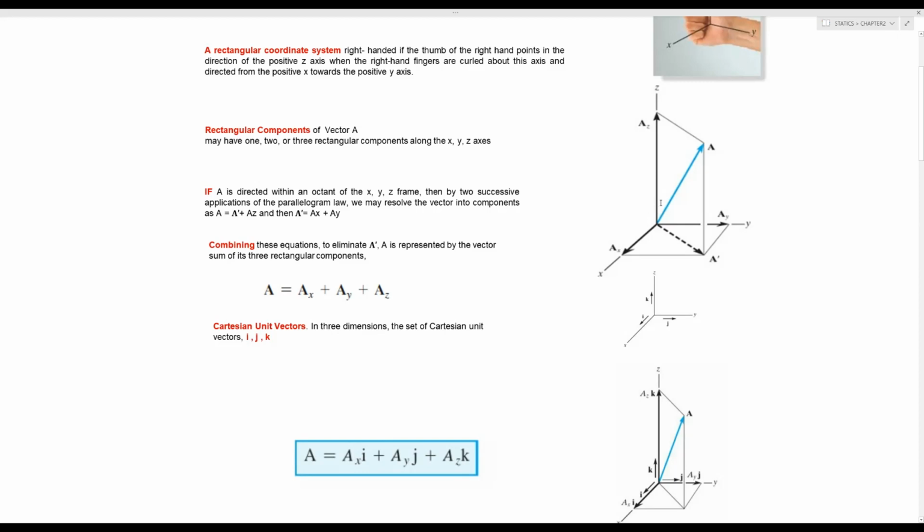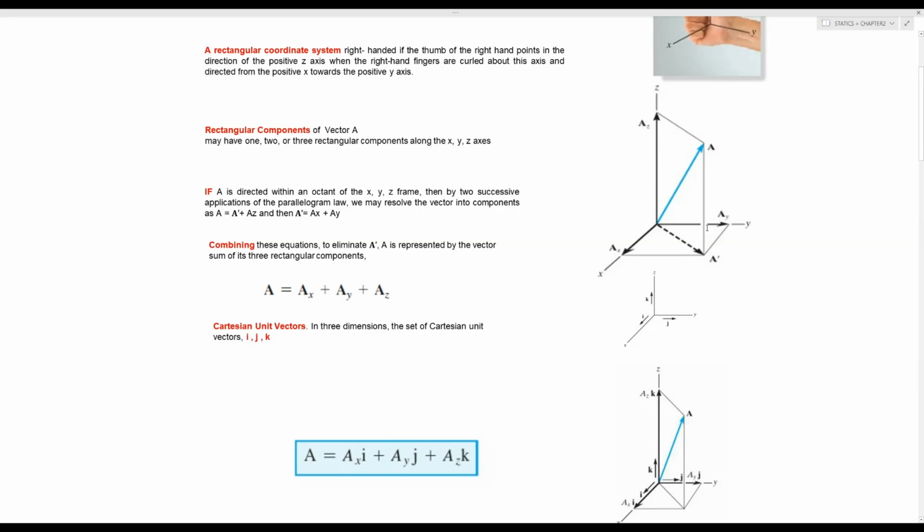Look at vector A: we can say A is equal to A dash plus Az. A dash comes from the origin, plus Az. From Az to A is equal to from the origin to A dash, and that's why we say A is equal to A dash plus Az.